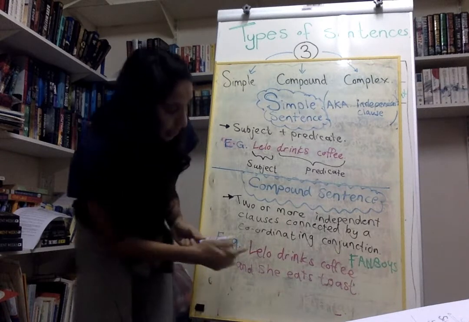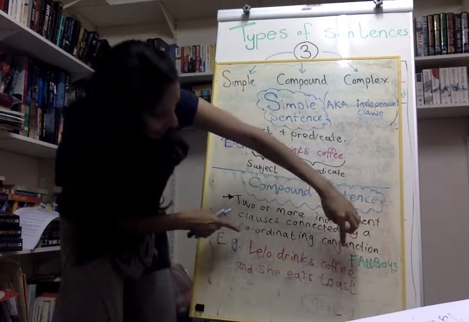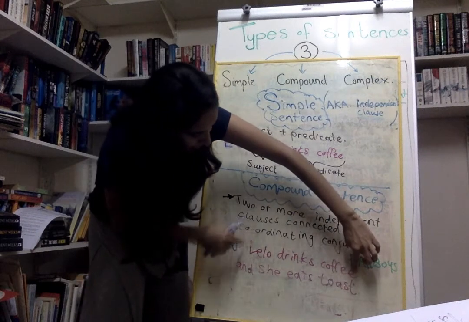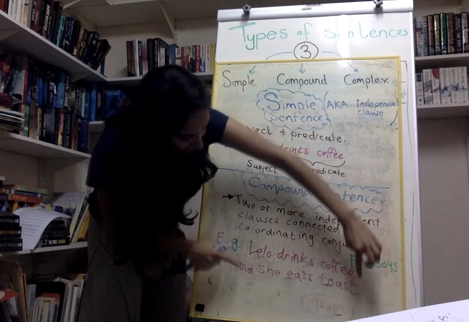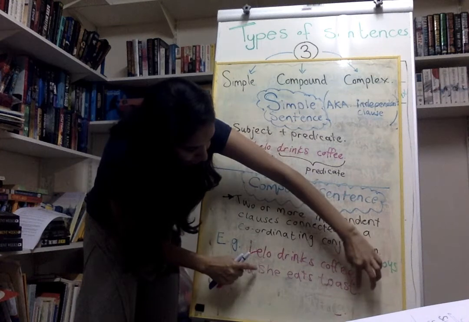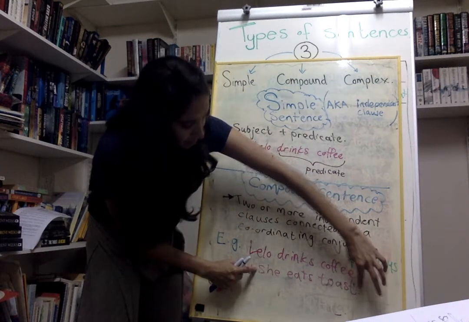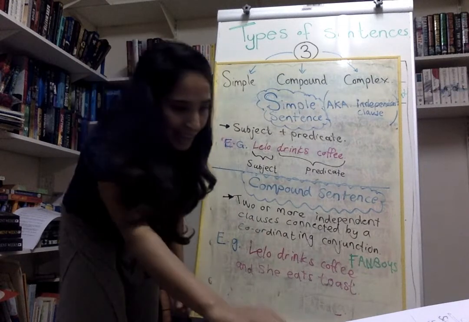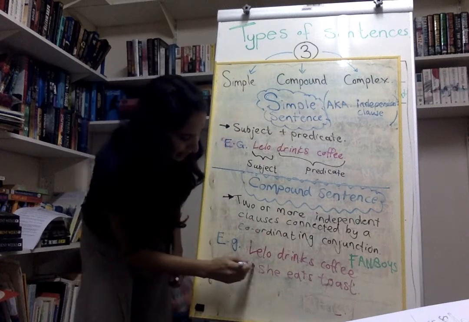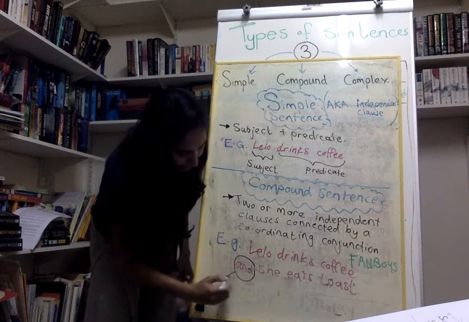Lelo drinks coffee is our independent clause, and she eats toast is also an independent clause, connected by our word and, which is our coordinating conjunction.